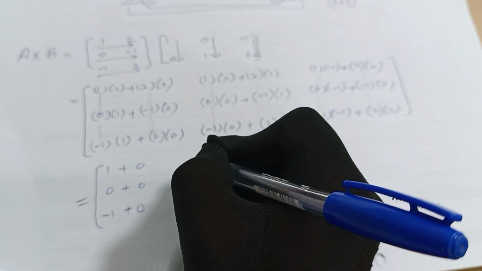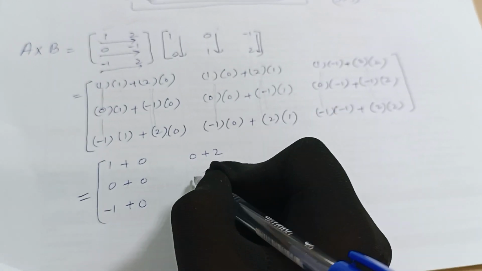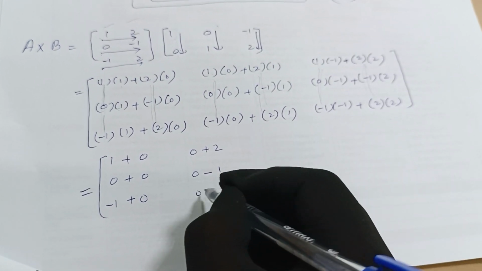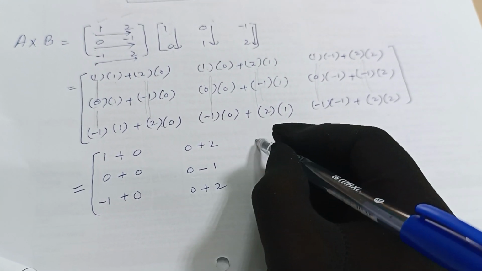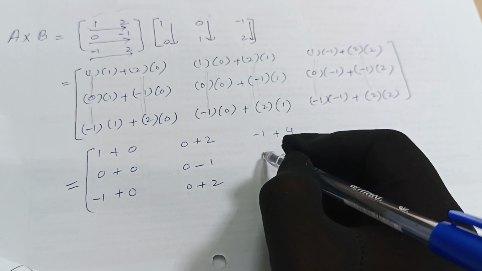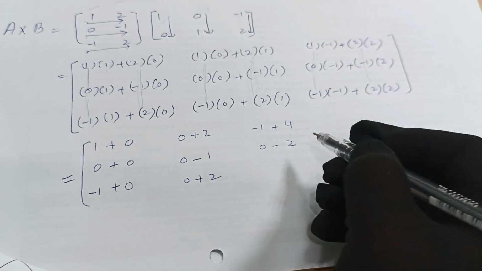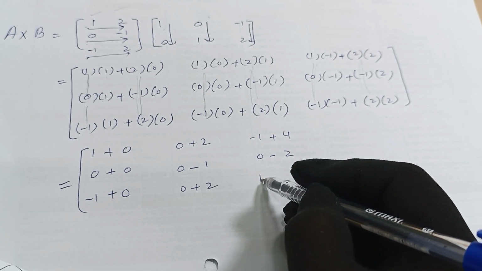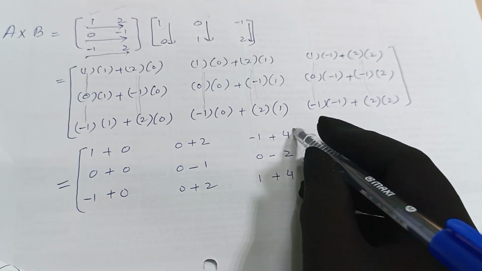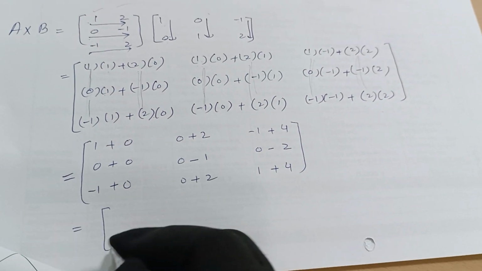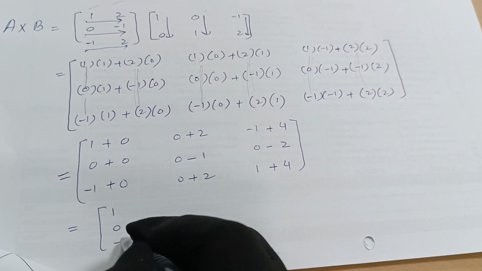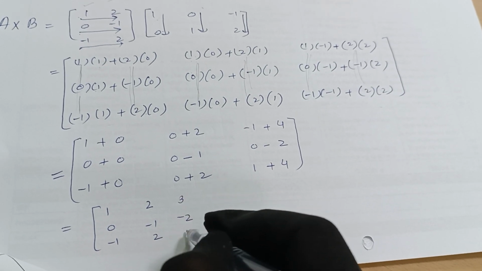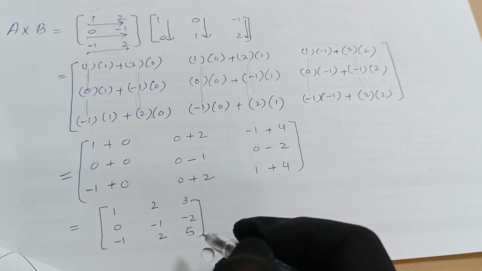Product with 0 is always 0, plus 2 0, plus minus minus 1 ones are 1, 0 plus 2, minus 1 plus 2 twos are 4, 0 minus 2, 1 minus minus plus 1 ones are 1 and plus 2 twos are 4. Solving these together: 1 0 minus 1, 2 minus 1 2, 3 minus 2 and 5.